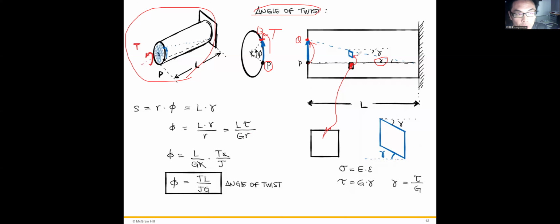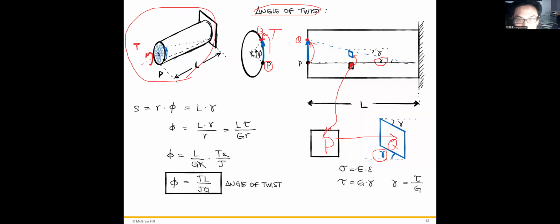This angle we call gamma. So we deform from point P to point Q, and the shape is changed with the angle gamma.